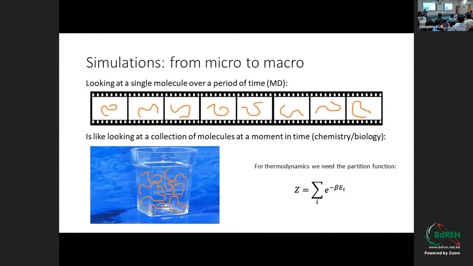That's the philosophy behind it: we watch a single molecule long enough so that we can replicate the thermodynamic behavior in the simulation, in the water, in real life.